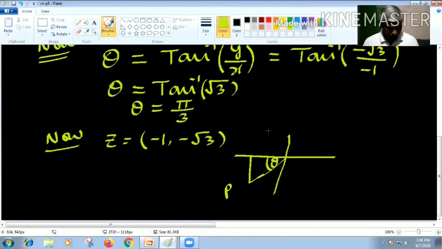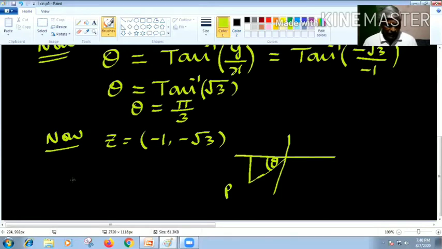So in third quadrant the angle will be between minus 180 and minus 90. So the angle should belong to the third quadrant, and remember the angle is in between minus 180 and plus 180.